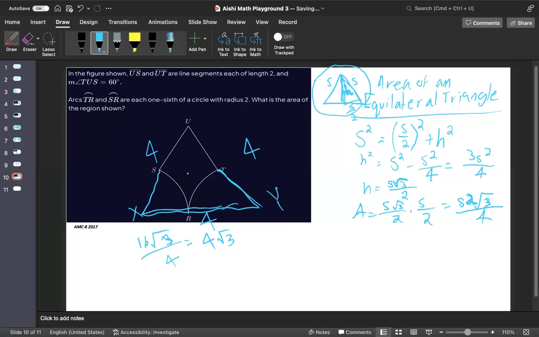Now we want the area, and we know that the area of one circle is pi r squared. Any one of these circles, we know that the radius is 2, so we would have 4 pi.